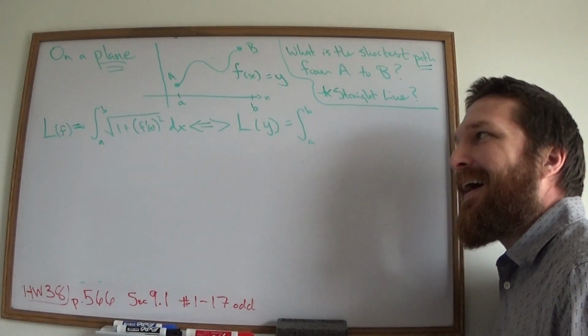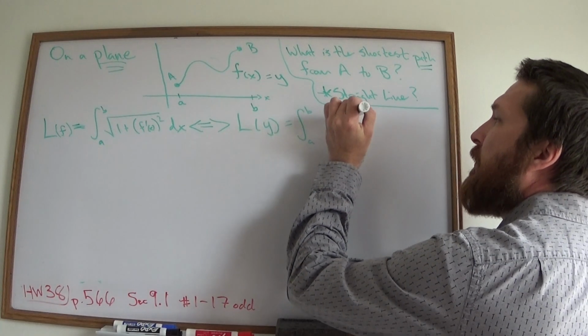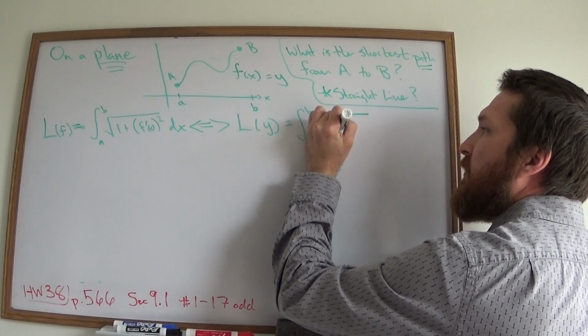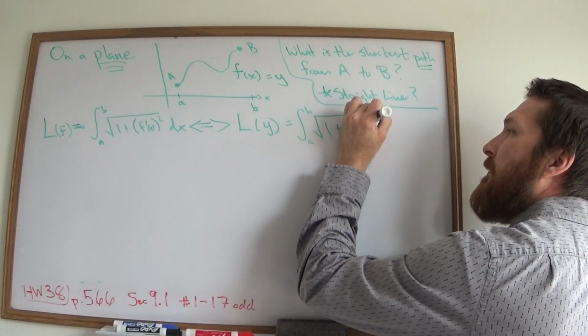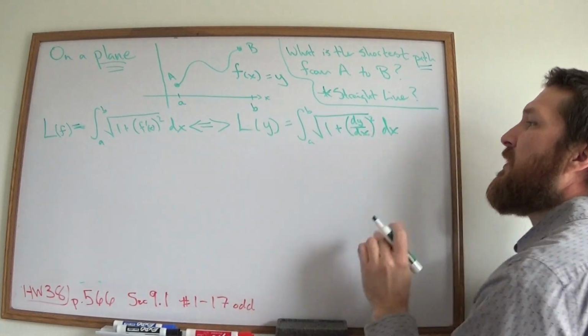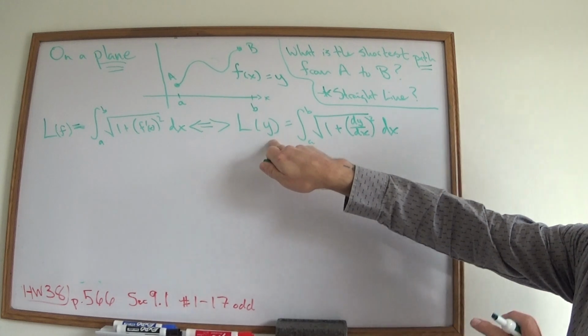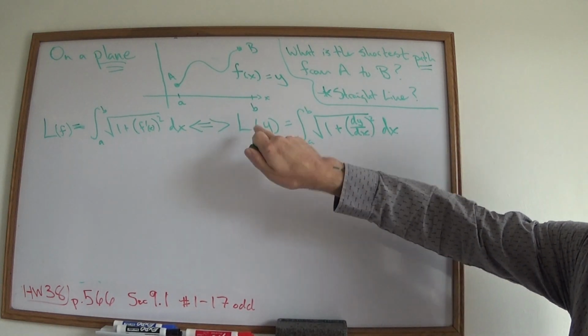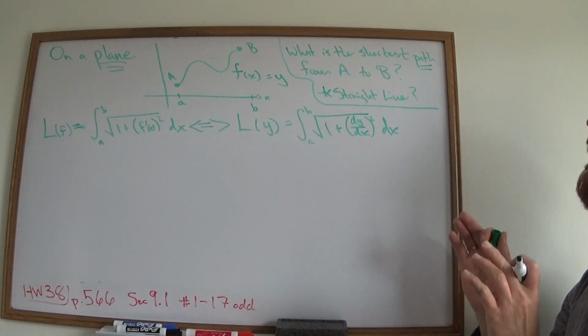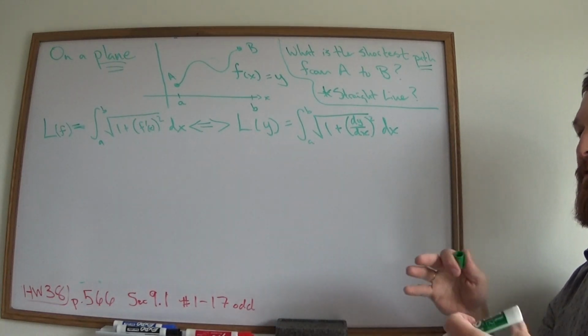It's y, right? And so now let's rewrite this in Leibniz notation, dy dx, right there, dx. So this is a function of y, and this is a length as a function of y. How do we find the shortest length?